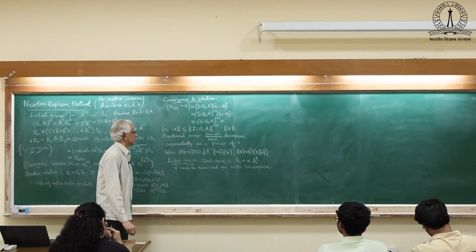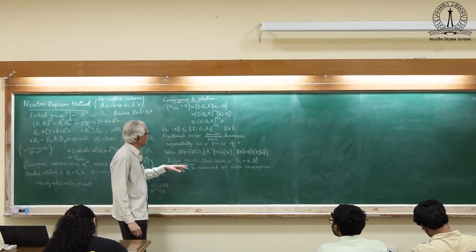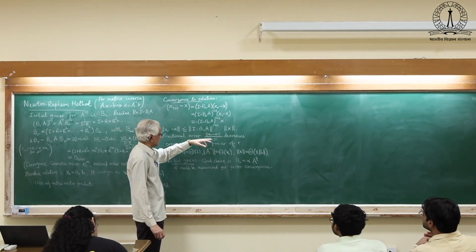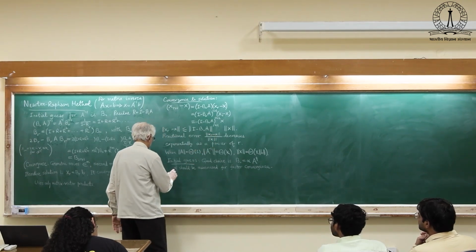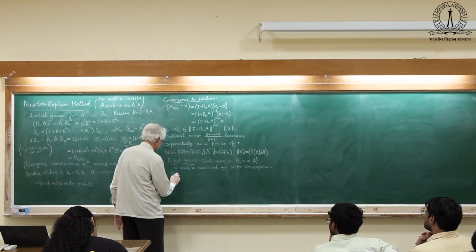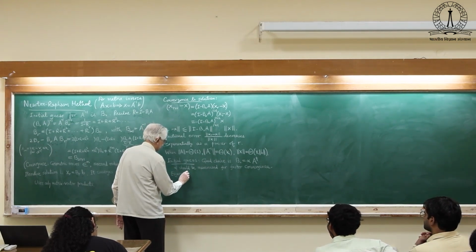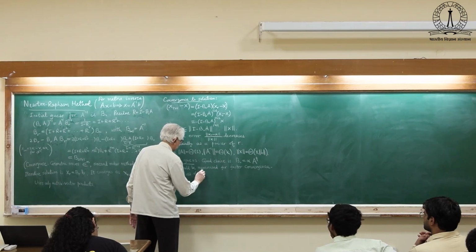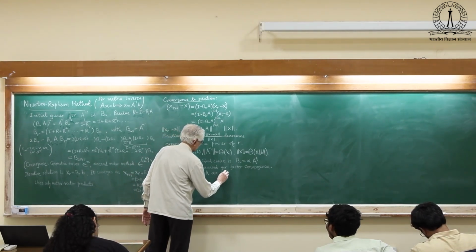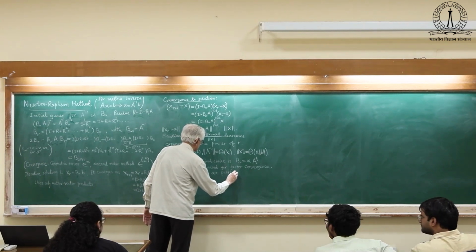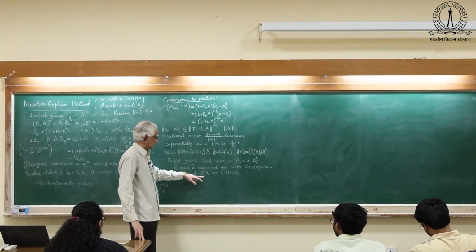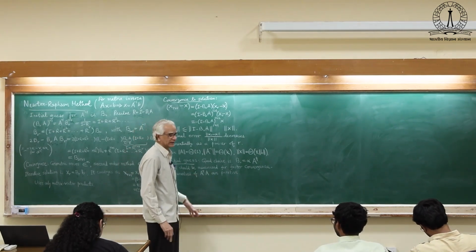But something else happens. If you take the largest eigenvalue of A dagger A, so let me take, the eigenvalues of A dagger A are positive. So it will have some largest eigenvalue and smallest eigenvalue.